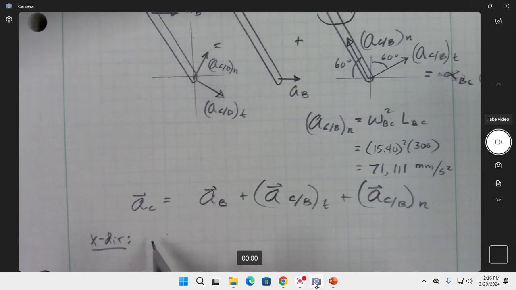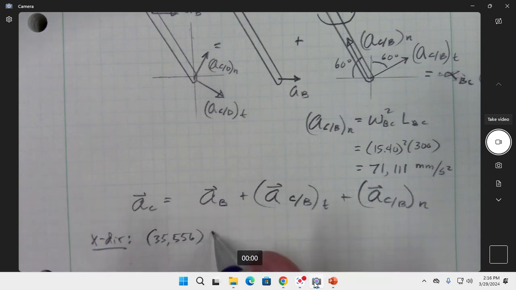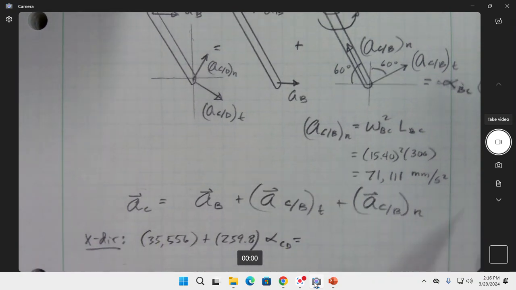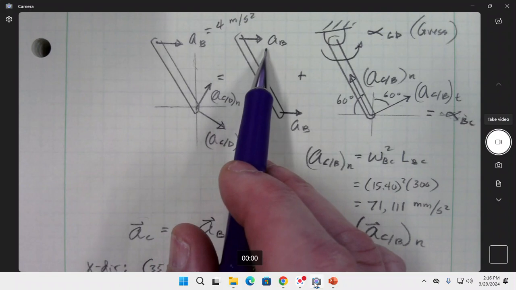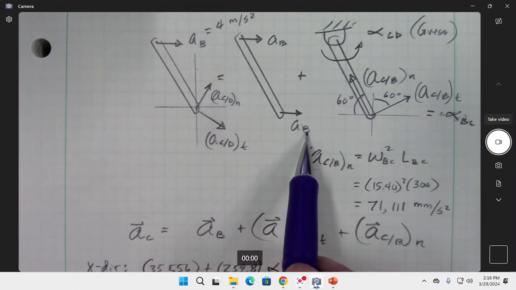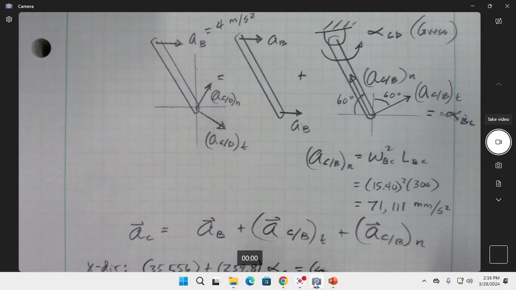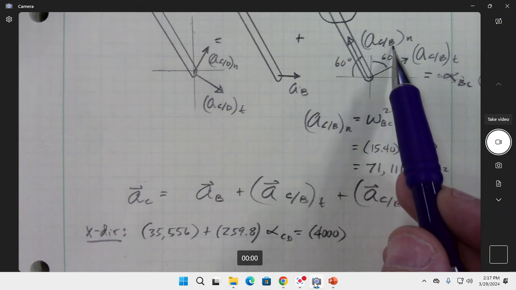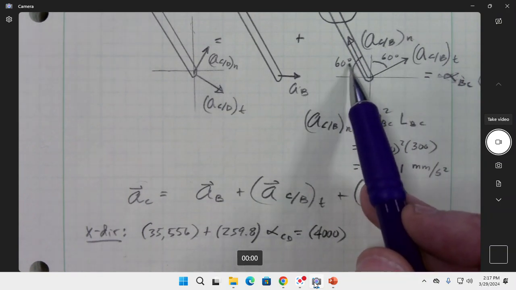In the x direction, we had 35,556 plus 259.8 alpha CD is equal to, and that came from right there, the acceleration of B, which was 4,000 positive. And now this is going to be in the negative direction, the acceleration of C with respect to B, negative times the cosine.